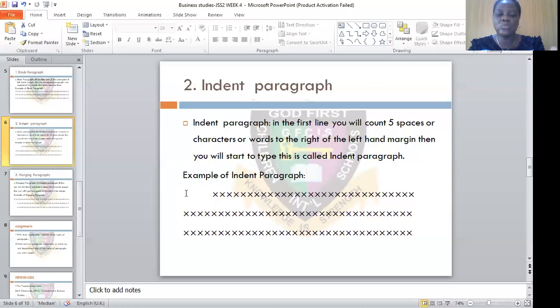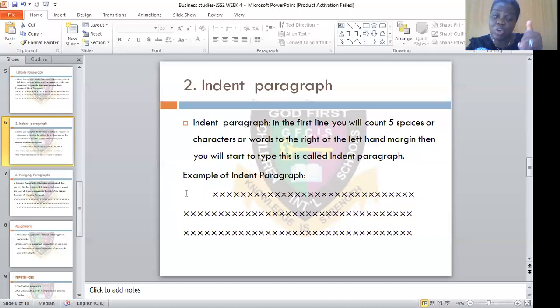Before I start to type, I will first of all count 1, 2, 3, 4, 5. That is 5 spaces to the right margin. That means you started counting 5 spaces from the left margin towards the right margin.